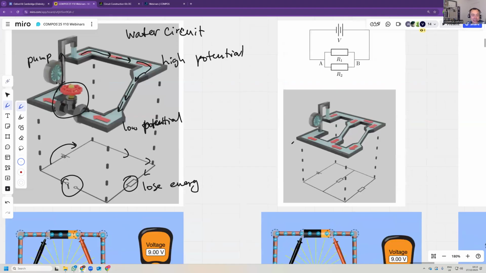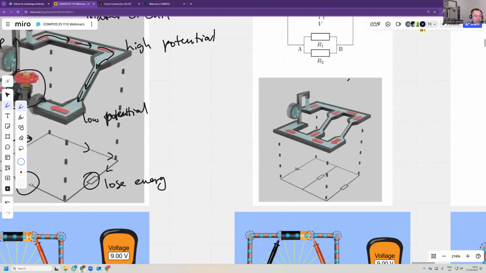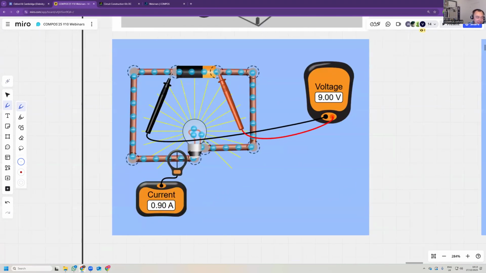And if you look at a parallel circuit, this is the same idea here. Let's say electrons move this way. Let's say charge, the positive charge. You can say that there's 0 volts, so low potential, and high potential.